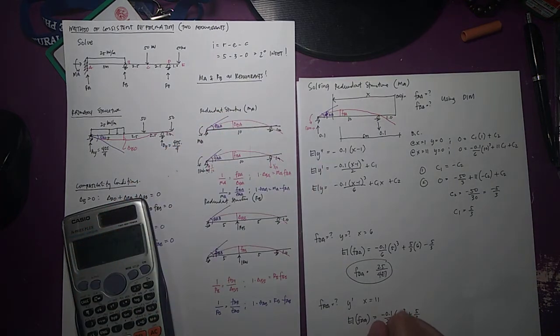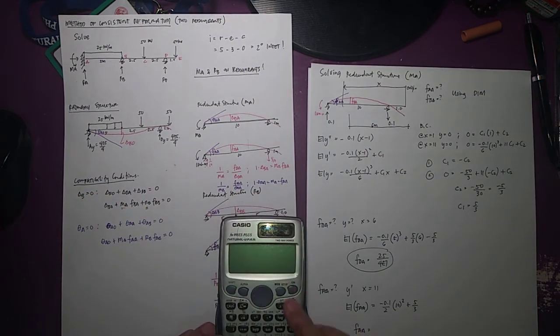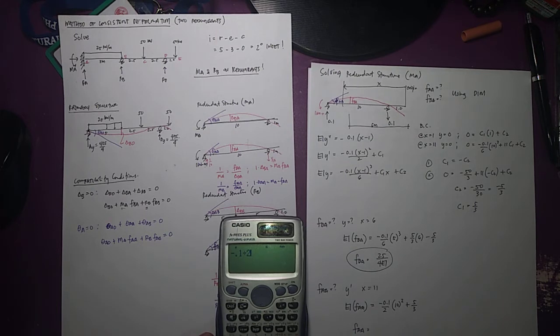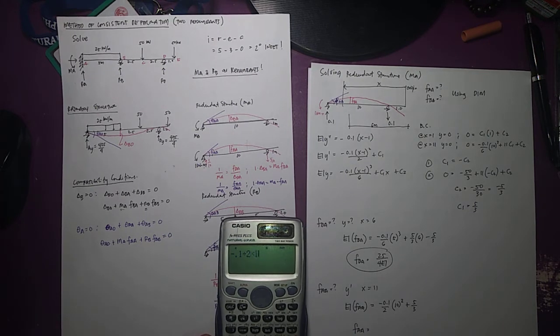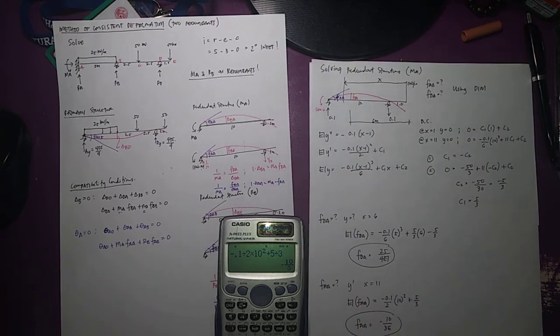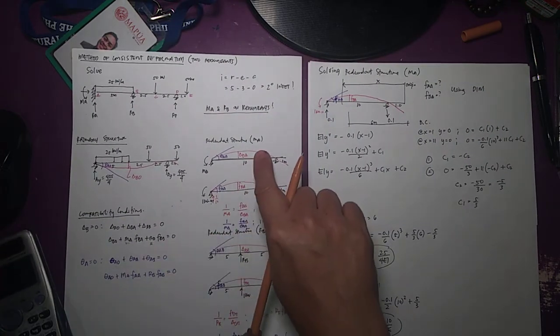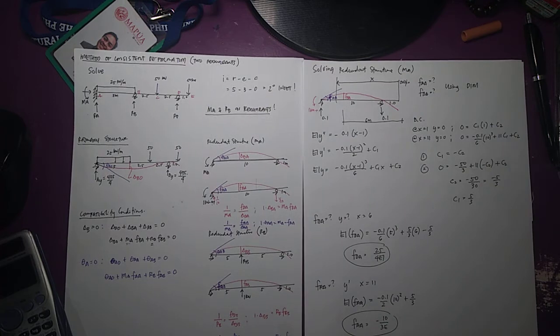So FAA is actually equal to negative 0.1 over 2 times 10 square plus 5 over 3. So we got negative 10 over 3 EI. So that is our FAA for the redundant structure of MA.